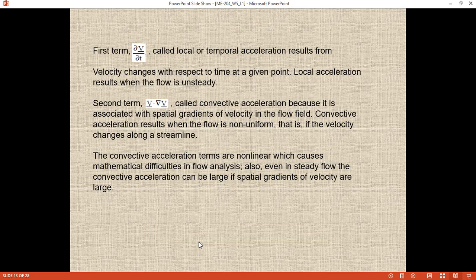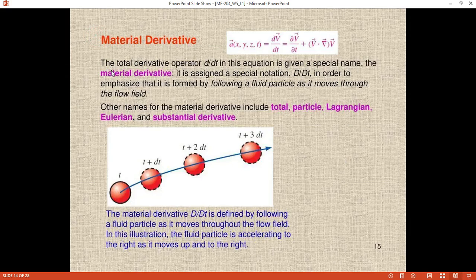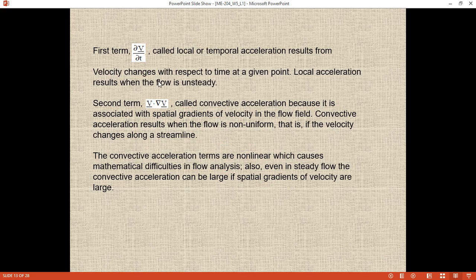Here the first term, del V over del t, is called local or temporal acceleration, and results from velocity changes with respect to time at a given point. Local acceleration results when the flow is unsteady. We will discuss what is steady and what is unsteady. If the flow properties are not changing with respect to time, such flow is called steady flow.